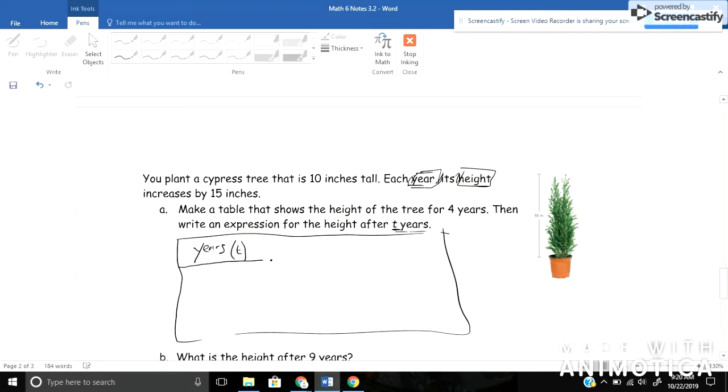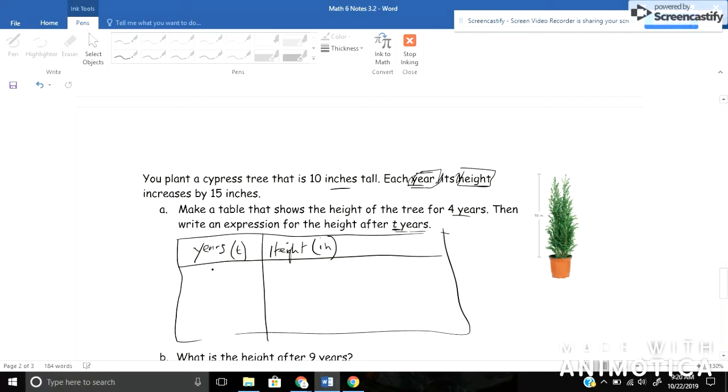And I'm also talking about the height, and my height is in inches, so I'll include that as well. It needs the height of the tree for 4 years.